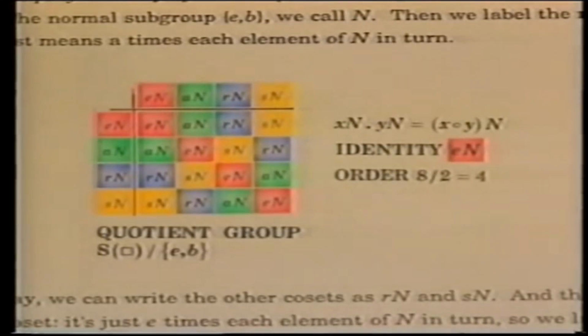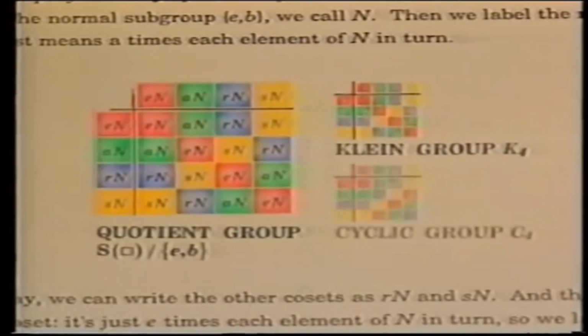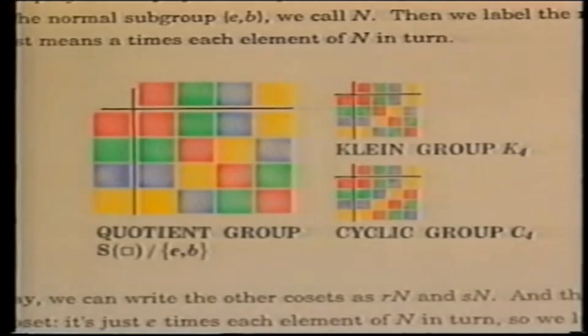Now, up to isomorphism, there are just 2 groups of order 4, the Klein group and the cyclic group. The coloured blocks represent the different elements in these. So, which of these is our quotient group isomorphic to? Let's use the colours to compare the tables.